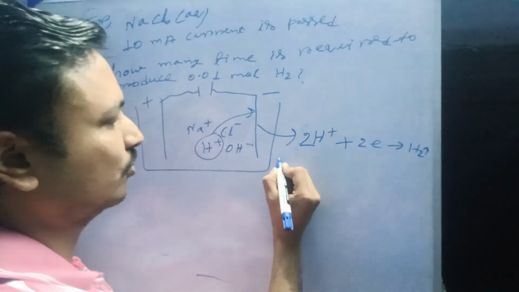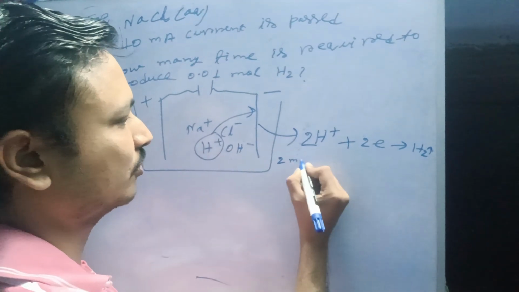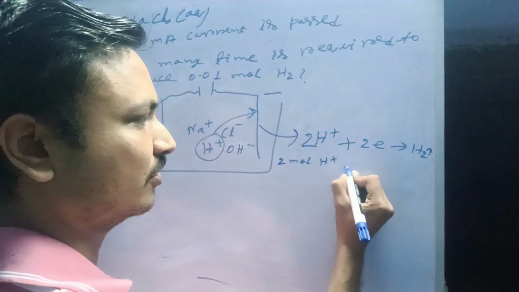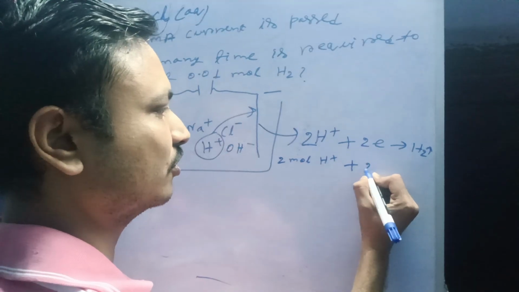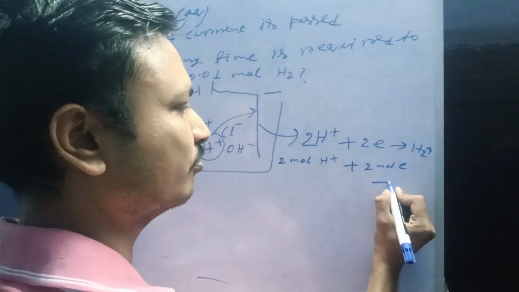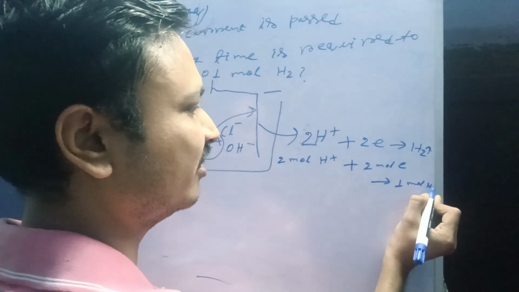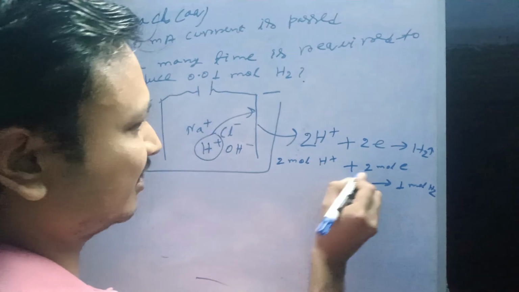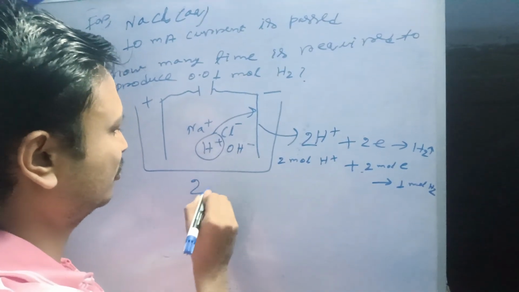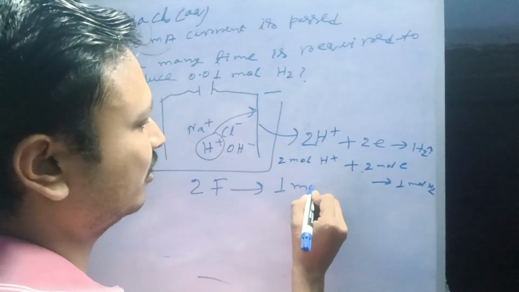So here 2 mole H plus and 2 mole electron can produce 1 mole H2, right? Hence here 2 mole electrons means 2 Faradays of electrons. So 2 Faradays of electrons produce 1 mole H2.